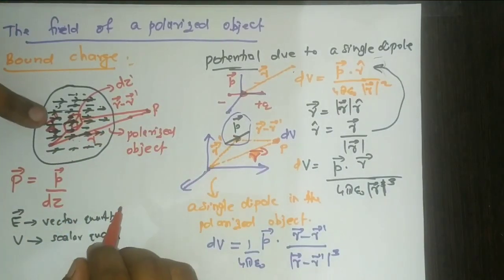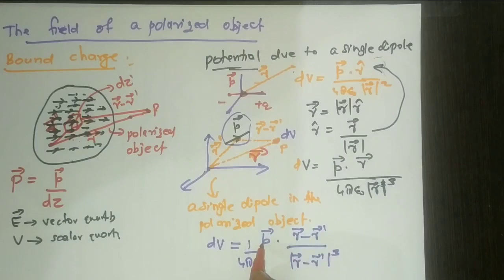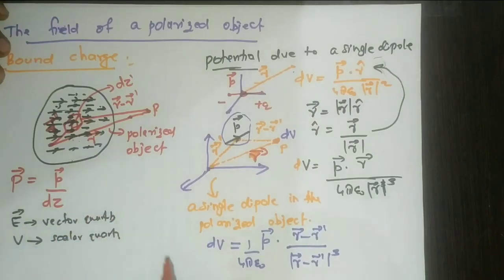If I consider a small volume element d tau prime and it consists of a dipole p, then by the definition we can write the polarization.